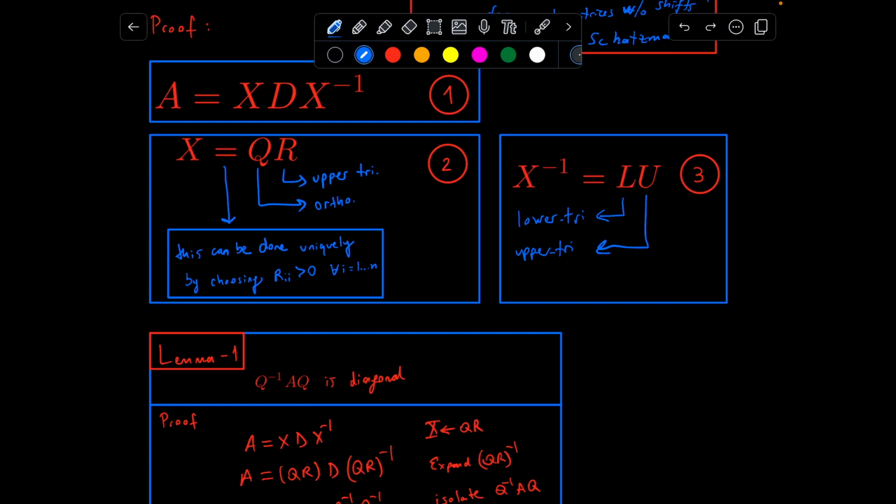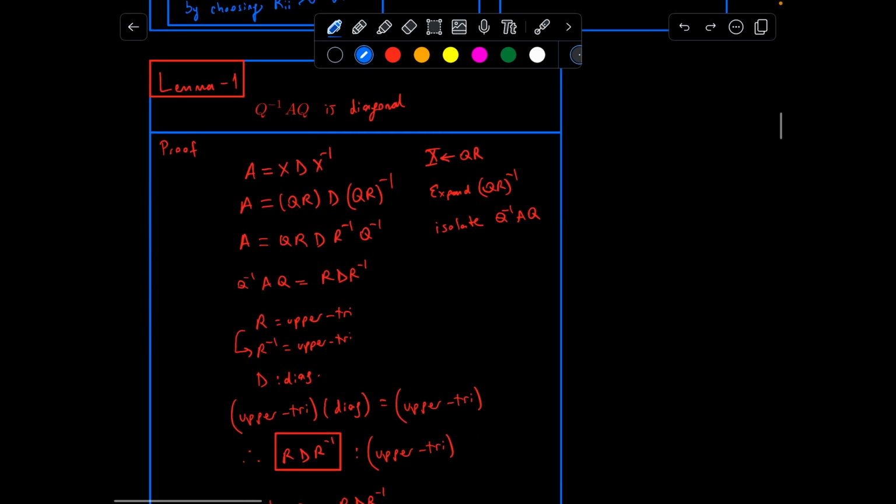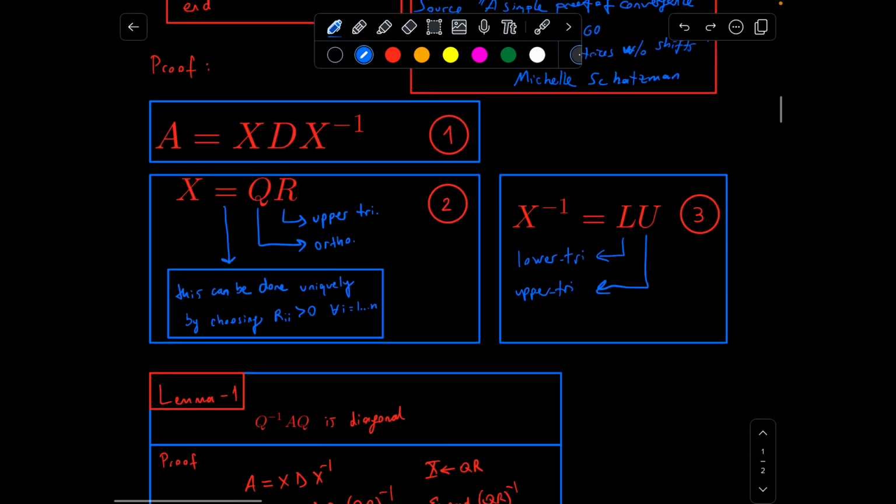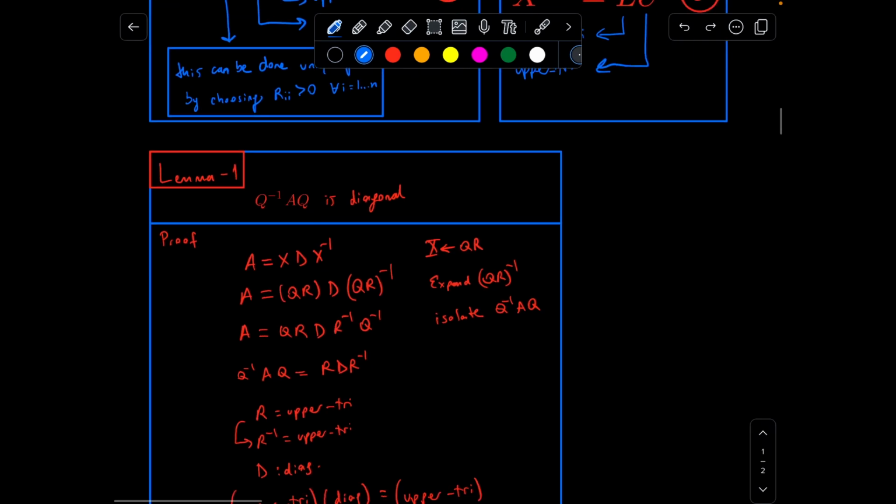And okay, let's try and understand why that would be the case. So we know what that is, right? We are basically expressing, okay, this comes from statement number 1, right? And by having this substitution, we have this expression, right?